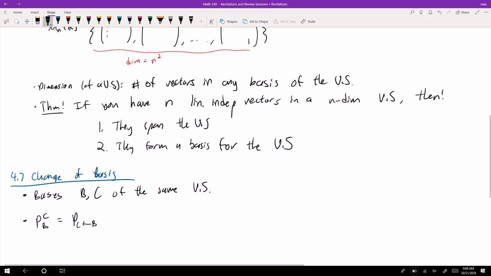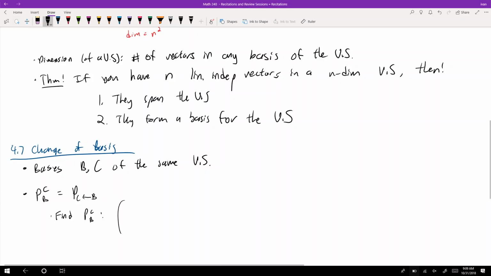How do you find this? You put your basis B on the right, you put your basis C on the left, and then you reduce until you get the identity matrix on the left, and on the right-hand side you'll have the change of basis matrix.